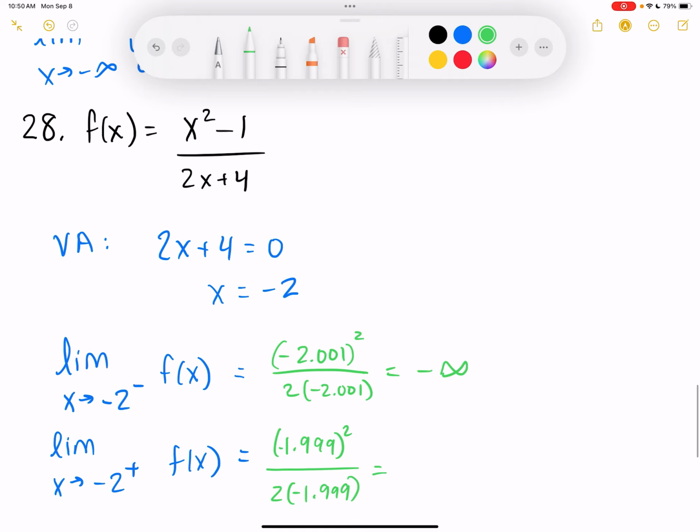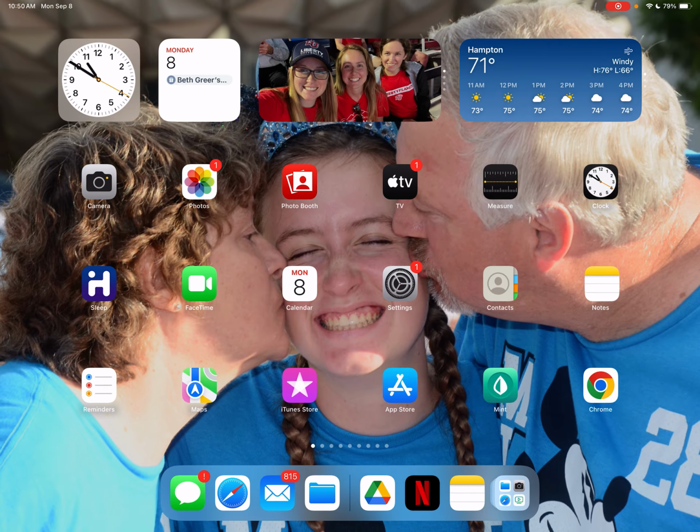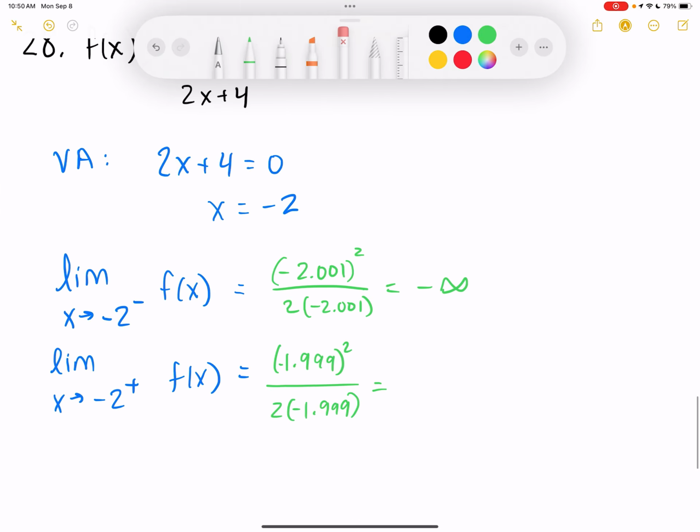Oh, I know what I'm forgetting. Because these ones are going to make a difference. So, let me backtrack here for a second on this previous one. I keep forgetting to do this. The only time we care about the highest power term only is if it's at infinity.